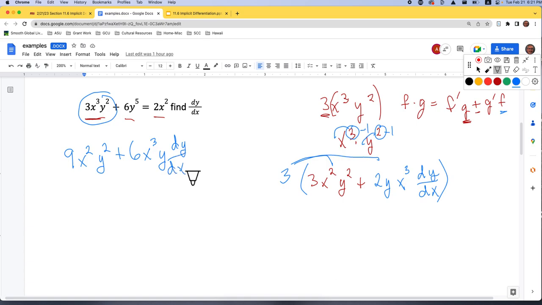Okay. Yes, so I distributed the 3 here, so that gave me the 9. 3 times 2 gave me the 6. So I just strip it down to its bare bones, take its derivative, take the constant multiplier, multiply it through, so it's a little bit more consistent. And then this is the derivative of 3x cubed y squared.